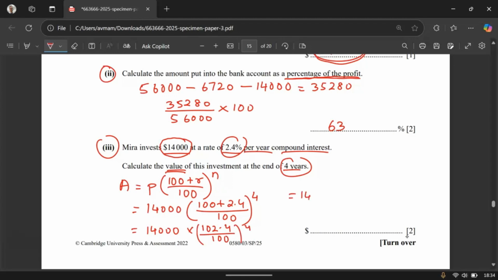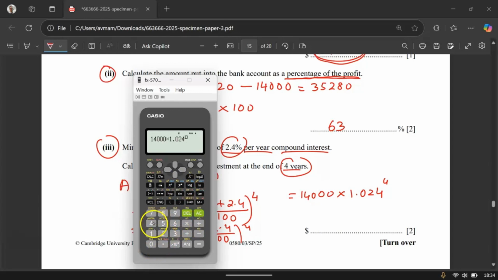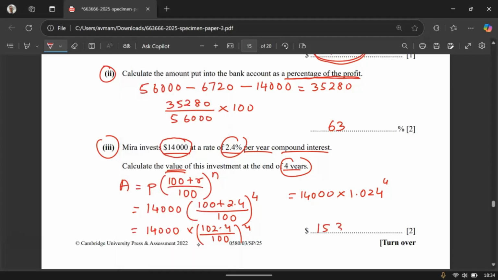That will give us 14,000 times 1.024 to the power of 4. To the power of 4 will give us 15,393.16, rounded to 2 decimal places.